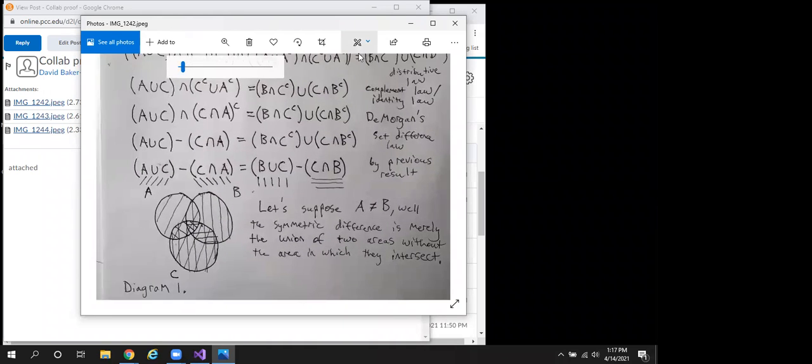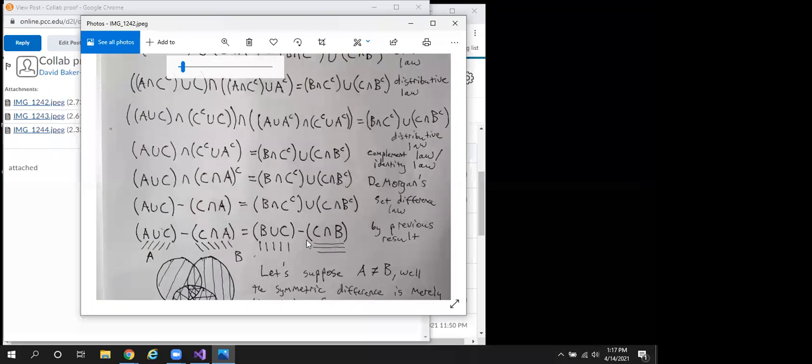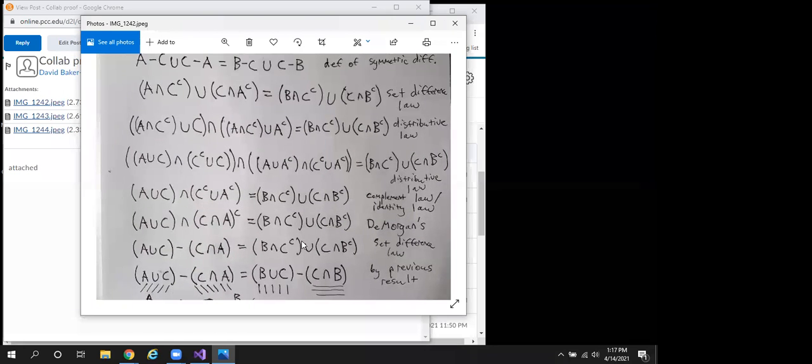If you suppose A is not equal to B, then the symmetric difference is the union of the two areas without the area in which they intersect, right? So you've got a proof by Venn diagram. You've got an algebraic proof here as well. So this is looking pretty good.